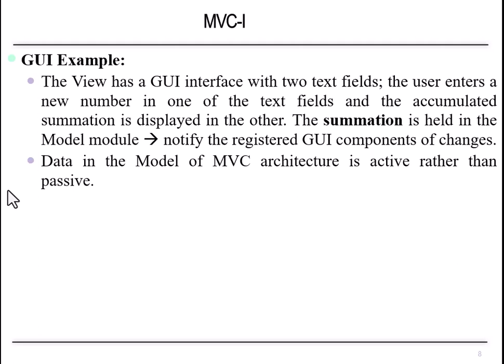The view notifies the registered GUI component of change. So data in the data model of the MVC architecture is active rather than passive. This means the data in the model is active, which means it is processed and stored in the data model.